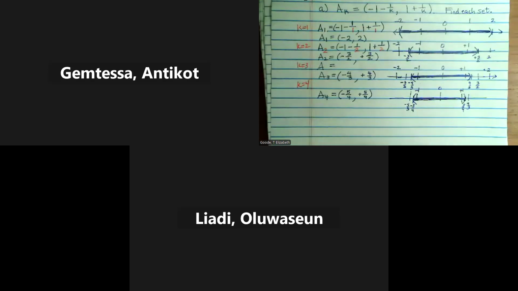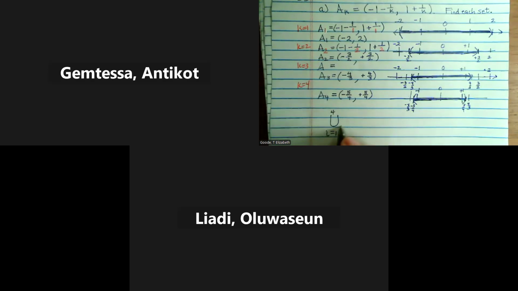So when we take the union, isn't the first one the union from i equals 1 to 4 of these sets? They start from 1.